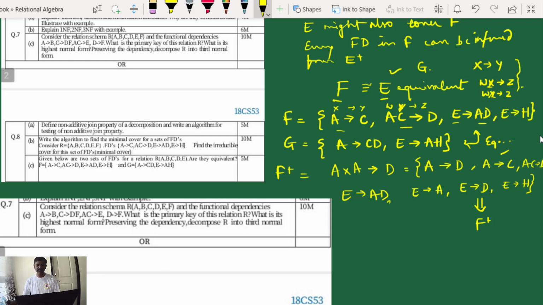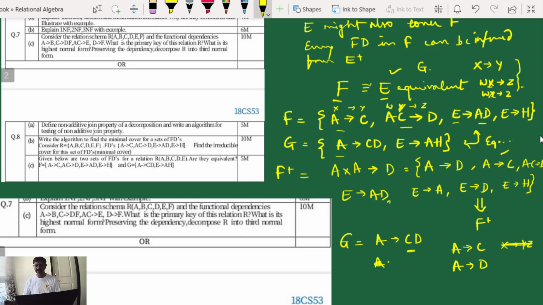Now we have to see whether these functional dependencies help us to cover G. G contains A arrow CD. We know that A arrow CD is nothing but A arrow C and A arrow D, and from F plus we have A arrow C and also A arrow D. We know that if you have X arrow Y and X arrow Z, we can write it as X arrow YZ.